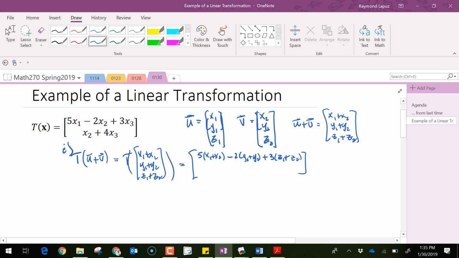And then for the second component, it's going to be y1 plus y2, plus 4 times the third component, which is z1 plus z2. And so from here, it's just a bunch of algebra to make it look like what we need it to look like. Do you guys know what to make it look like?